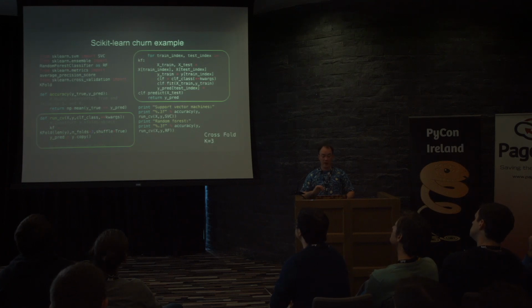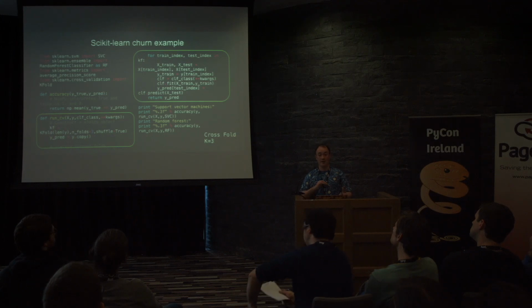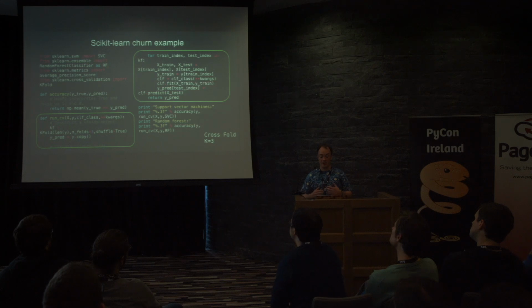The code here takes that data, runs cross-validation on it, splits it up so you get a bit more of a robust data set to train your model on. It then trains it on a support vector machine and the random forest. And this is really simple.